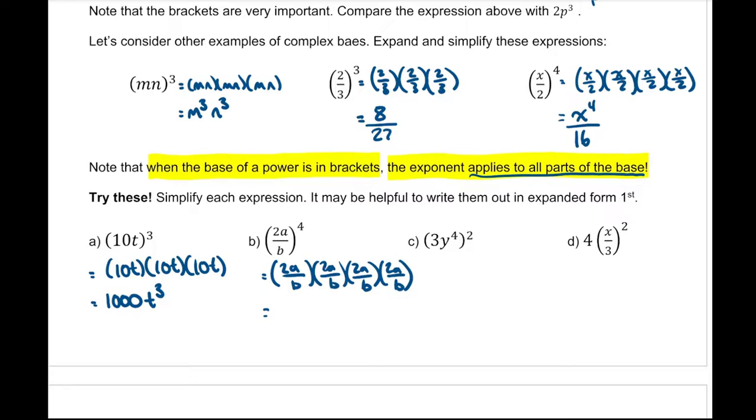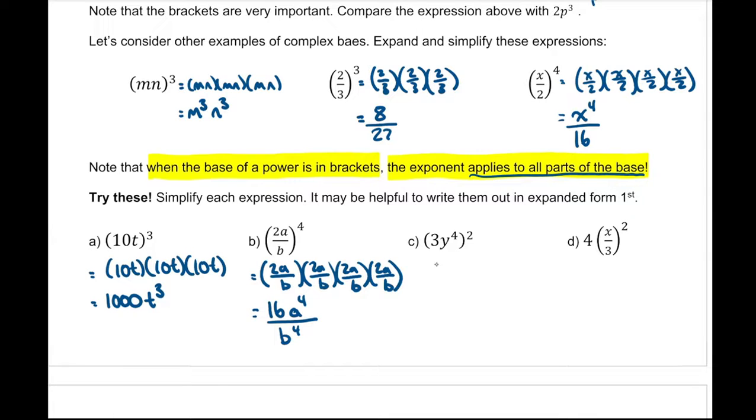So 2 times 2 times 2 times 2 is 16. A times A times A times A is A to the power of 4, divided by B times B times B times B, or B to the power of 4. And again, this is as far as I can simplify it. There's nothing I can divide. I can't simplify these two powers because they don't have the same base.